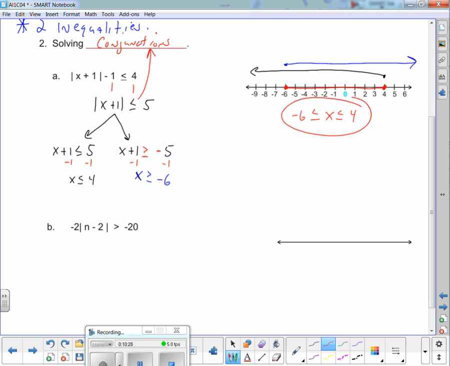Okay, so when I look at my two answers right here, a 4 is bigger than a -6. So I always write that first. Whichever one has the bigger number. And by the way, the symbol will always be pointing that direction, always with the bigger one, for this kind, always.